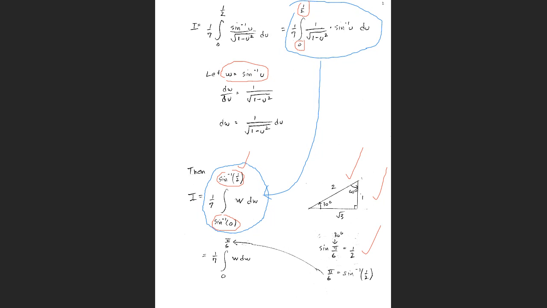The sine of 30 degrees is 1/2, so the arcsine of 1/2 would be 30 degrees. But of course, we put in pi over 6. And the arcsine of 0 is 0. So now we're down to this very simple little integral. We're almost ready to finish up the problem, but please let me know if you have any questions.